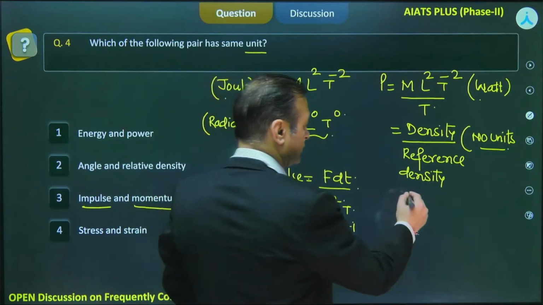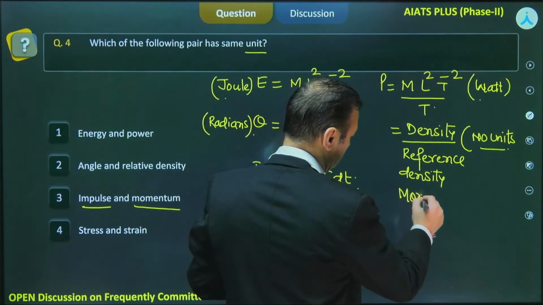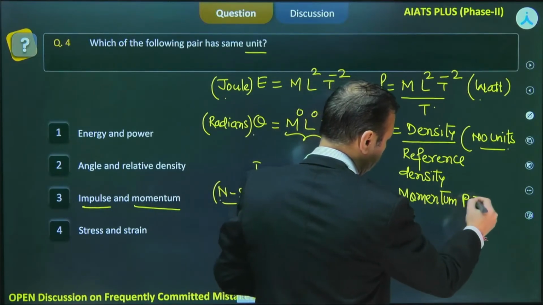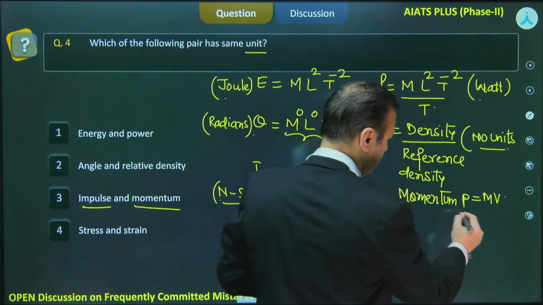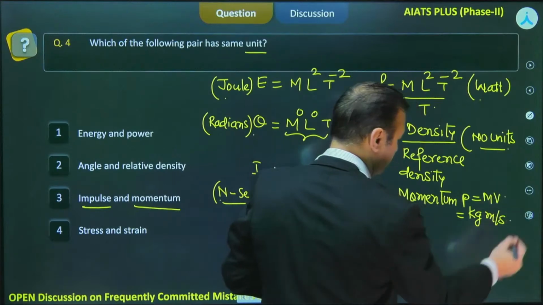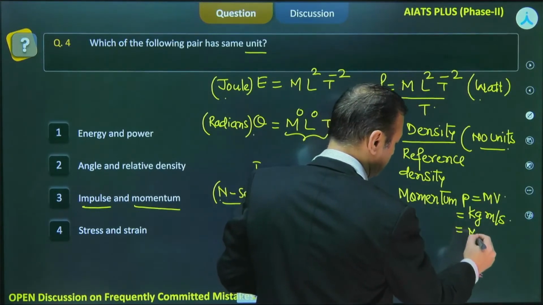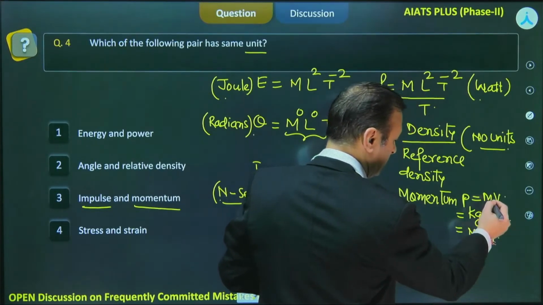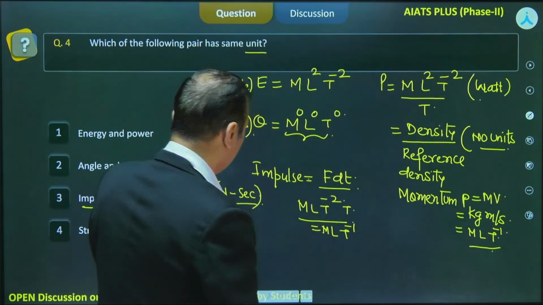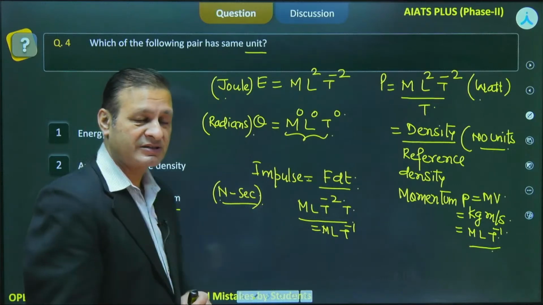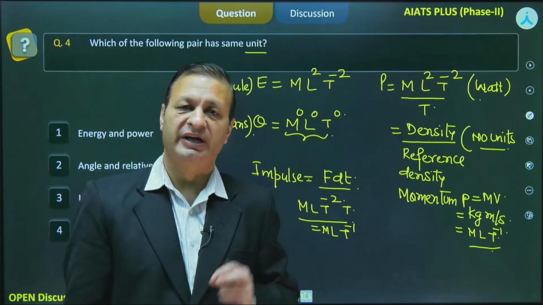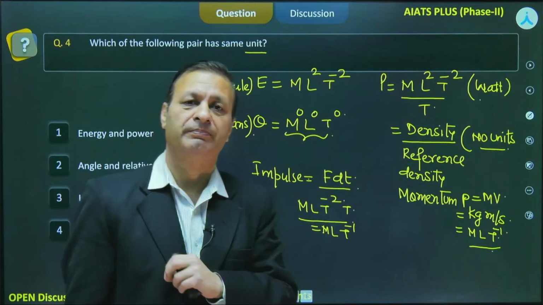Then the next one is momentum. Momentum is mass into velocity. So this is kg meter per second, and dimensionally this is MLT⁻¹. And you know, impulse is also understood as change in momentum.